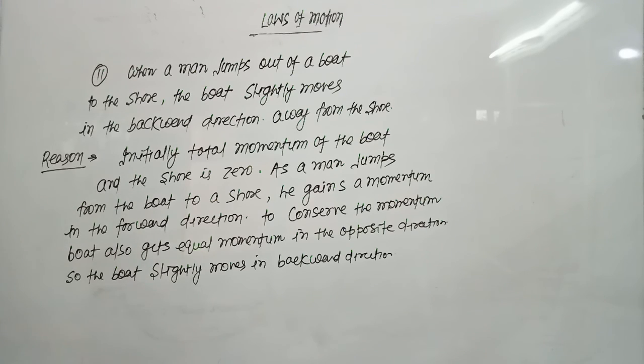And we know that according to linear momentum, momentum remains conserved. So to conserve the momentum, the boat also gets equal momentum in the opposite direction, and that's why the boat moves in the backward direction. So we completed the topic conservation of linear momentum. In the next video, we will discuss numericals based on conservation of linear momentum.